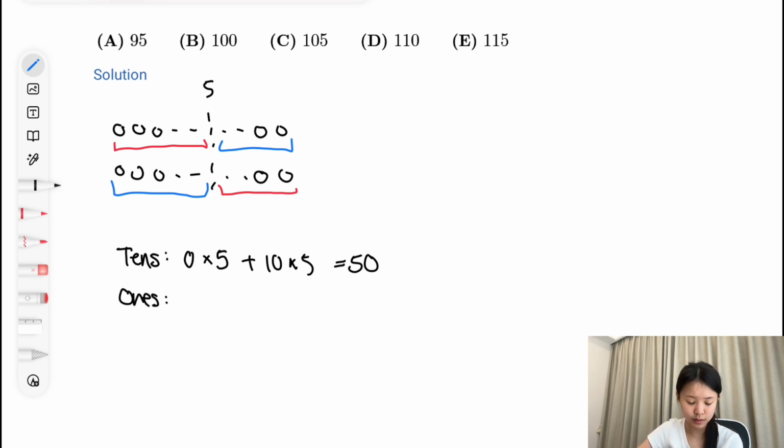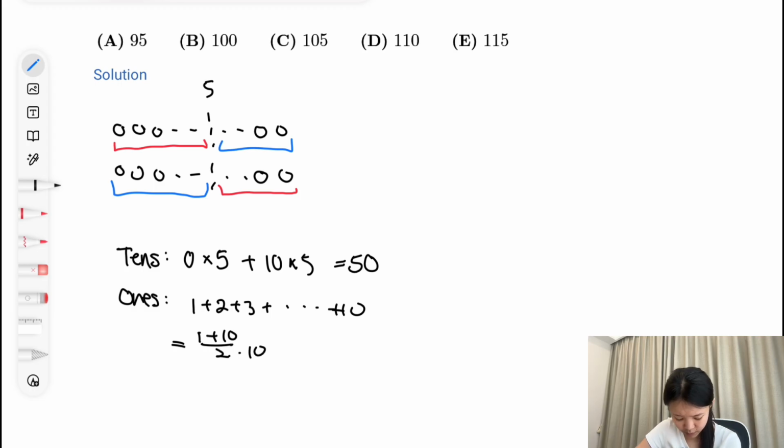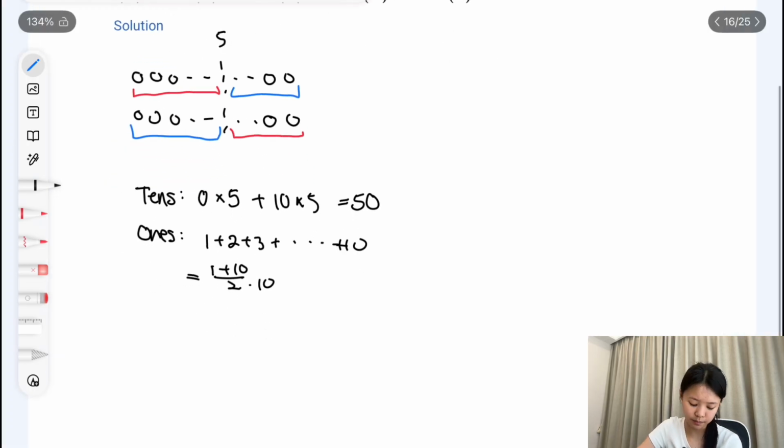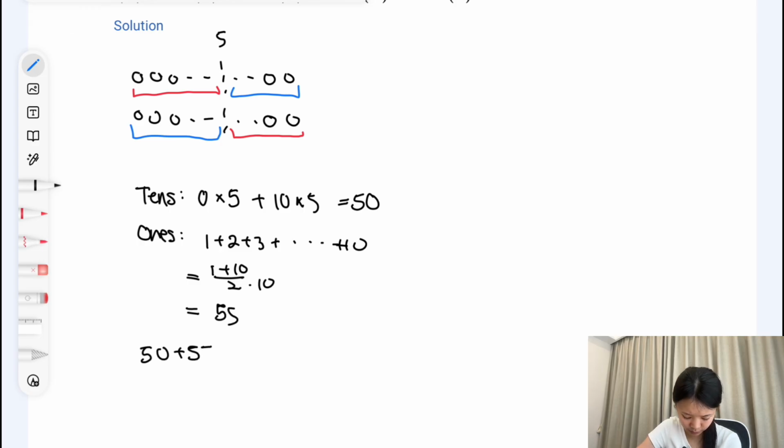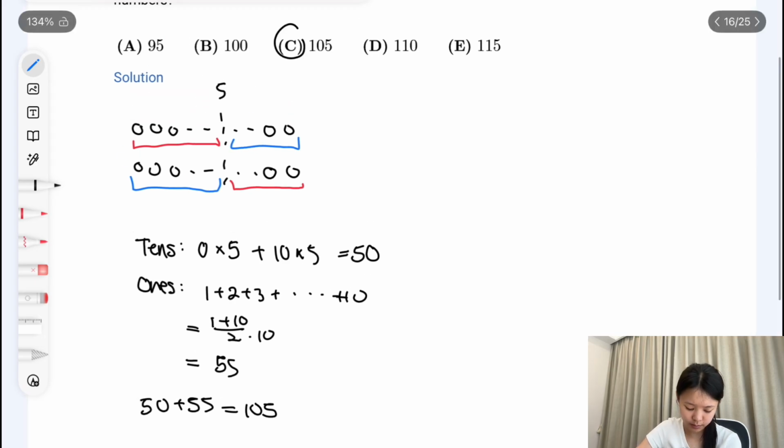Meanwhile, for the 1s digits, you're going to have 1 all the way added up to 10, which we know equals (1 plus 10) divided by 2 times 10, based off the arithmetic sequence sum, and that is 55. So the total sum of all these numbers is 50 plus 55, which is 105. And so the answer is C, 105.